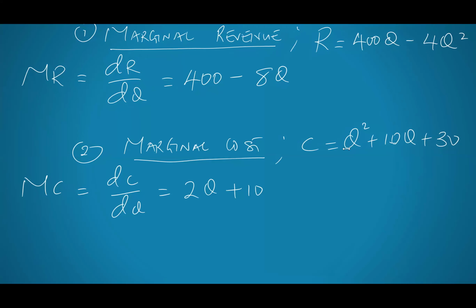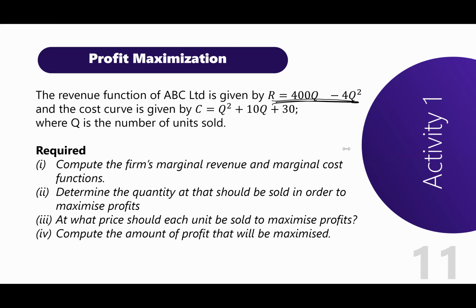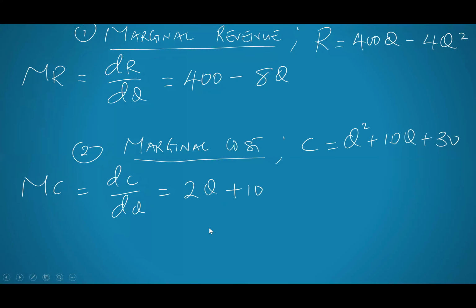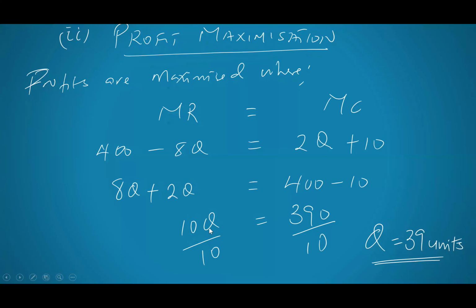Okay, so let us go to the next part, which is determining the quantity at which we maximize profit. So what do we do? From economic theory, we know that the point of profit maximization is the point where marginal revenue is equal to marginal cost. So I equate the two equations from the first part.